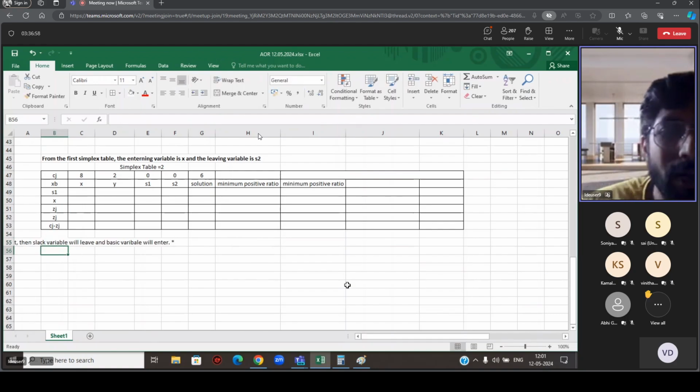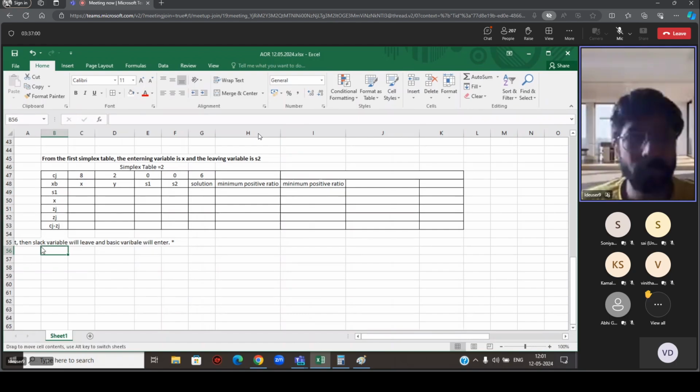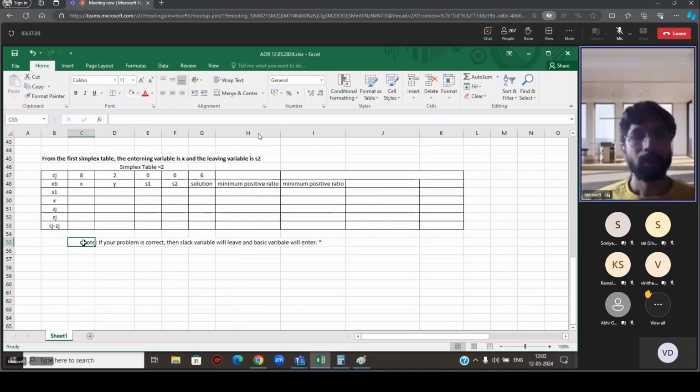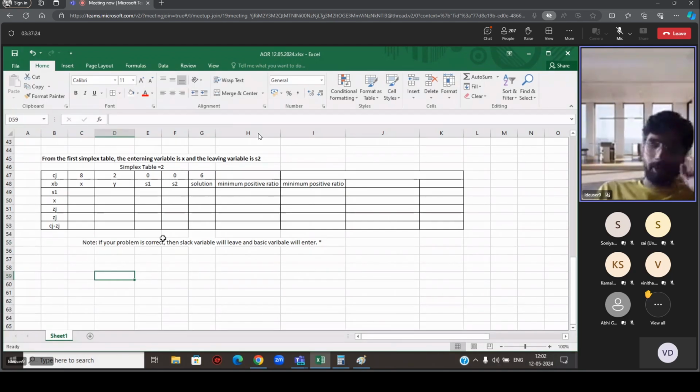Now I have put a star mark there. Okay, what I'm saying is, if your problem is correct, slack variable will leave and basic variable will enter.